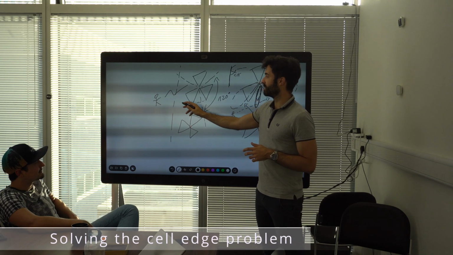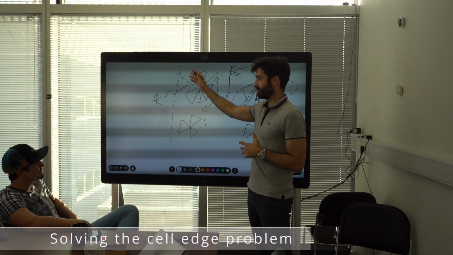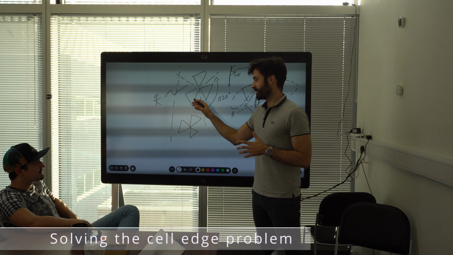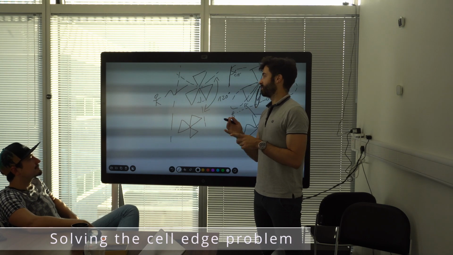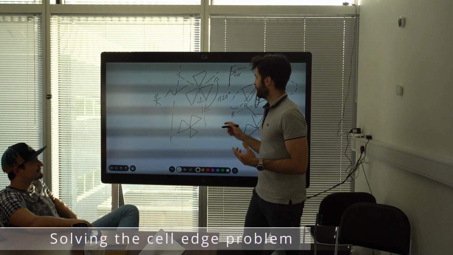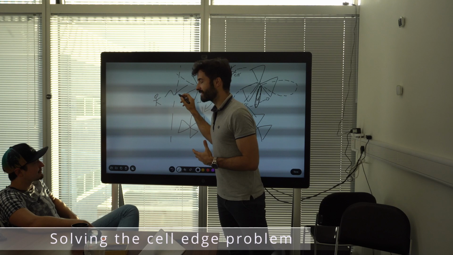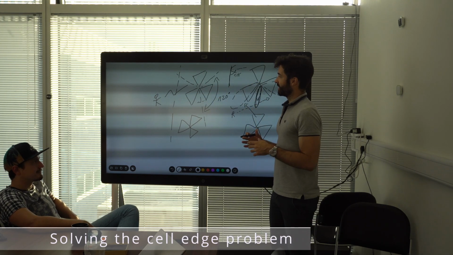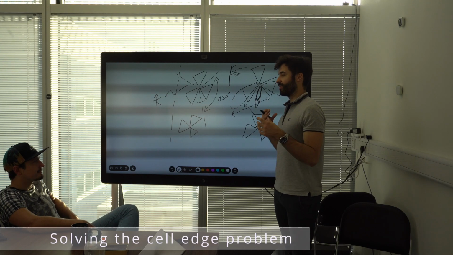Basically, this is the air interface that I mentioned before between the user and the base station, and we have a lot of attenuation of the signal. First of all, because of the distance, what we call path loss. Path loss basically depends on the distance from the base station to the user. And then there's what we call fading.